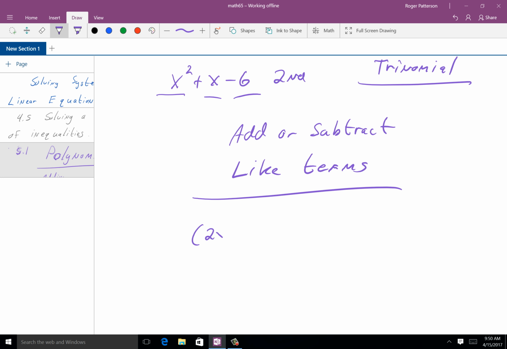They can use y's too instead of x's. It doesn't matter whether they use x's or y's or x's and y's. Okay? You're just adding like terms.